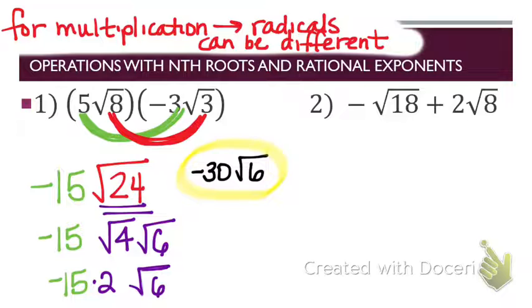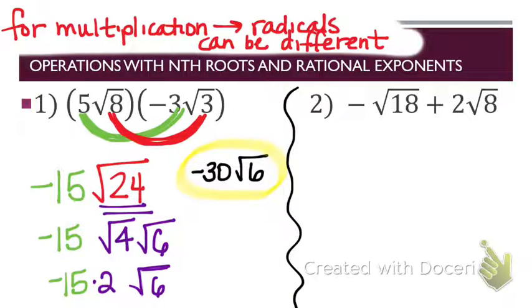Okay, but for number 2, that's different. Number 2 is addition. So for addition, you can't add these together. You can only add if it's the same number underneath the radical.